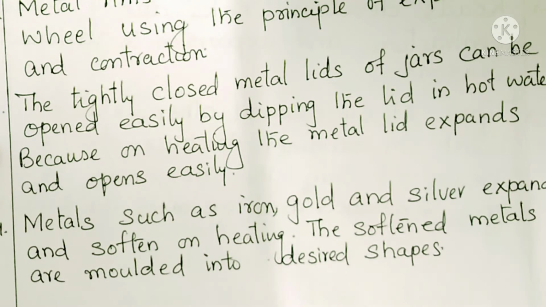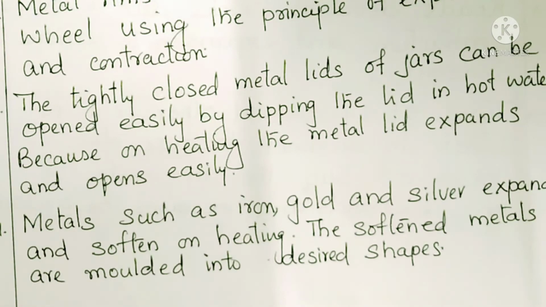They first melt these metals and then they beat them into sheets and pull them into wires, and then they give different shapes. And some of them, they melt into liquid form and then pour it into molds. So, these are all uses of expansion.